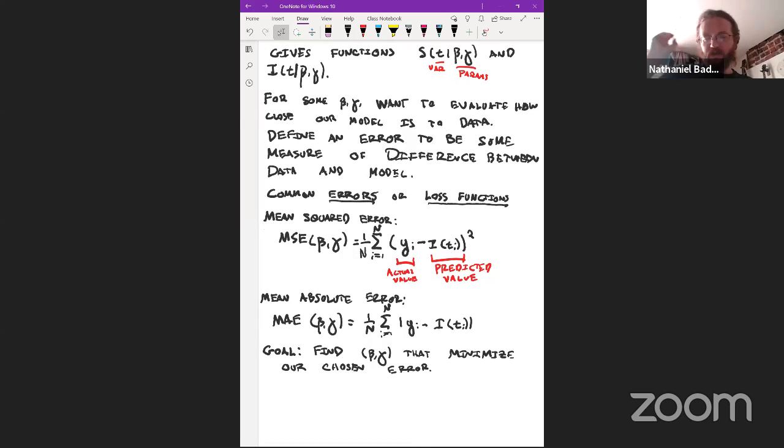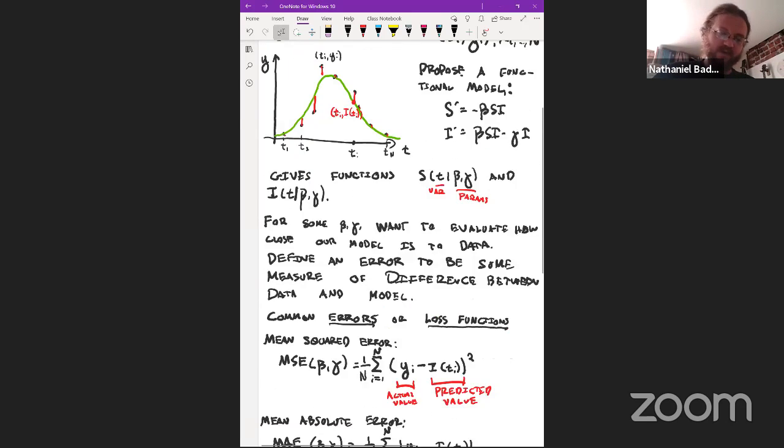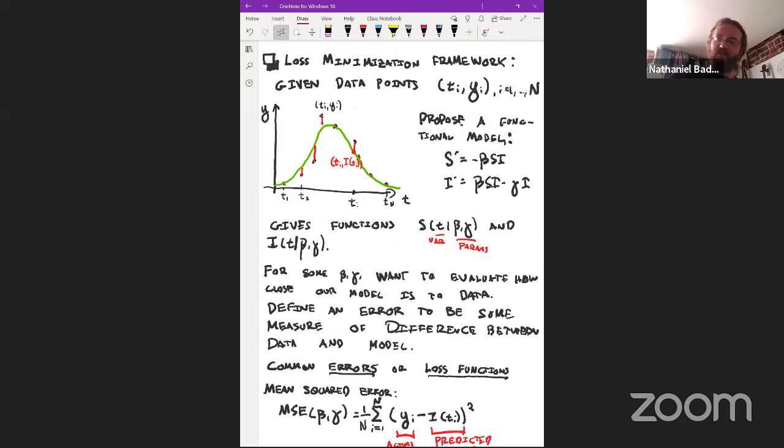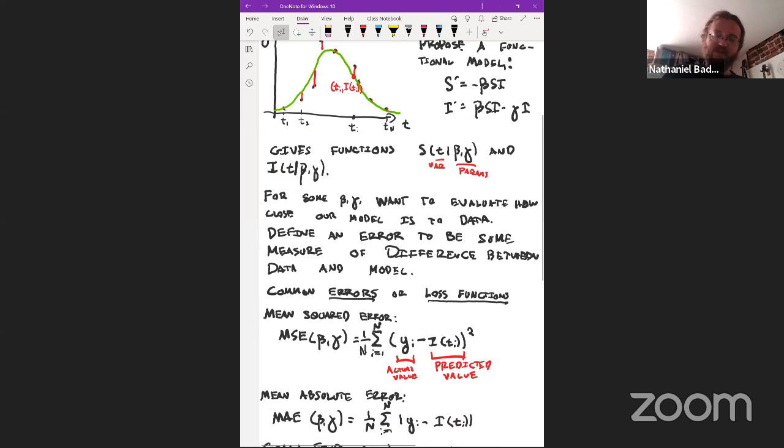And, okay, so are there any questions about this loss minimization framework? So the idea here is that we have some data points. We propose a model. The model depends on some parameters. And now we're going to try to fiddle around those parameters to minimize some pointwise loss function, or some loss function.